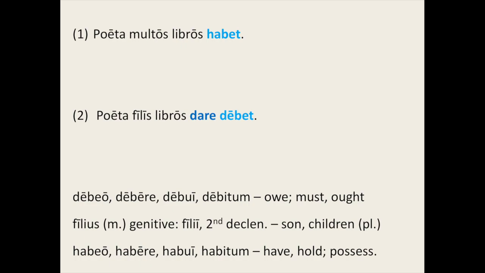We have the verb habet in the first sentence, meaning he has or she has. In the second sentence, we have debet, which means in this instance, the poet ought to do something or the poet should do something. The infinitive dare precedes debet, so what the poet ought to do is to give or gift something to someone. Now that we have the main structure of both sentences figured out, see if you can pause this video and translate both sentences 1 and 2.